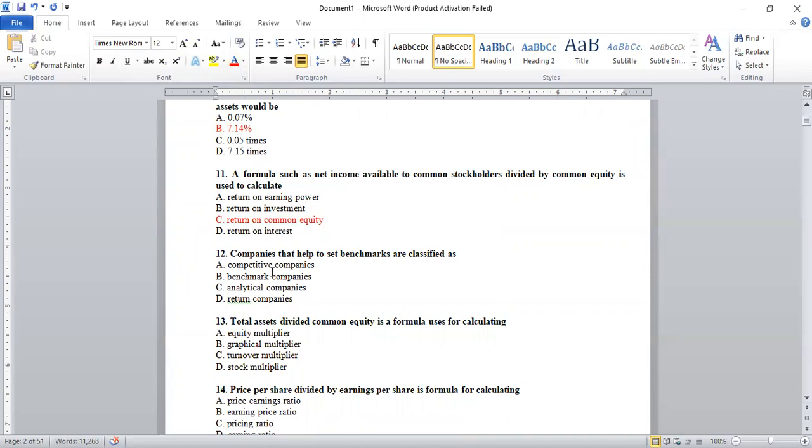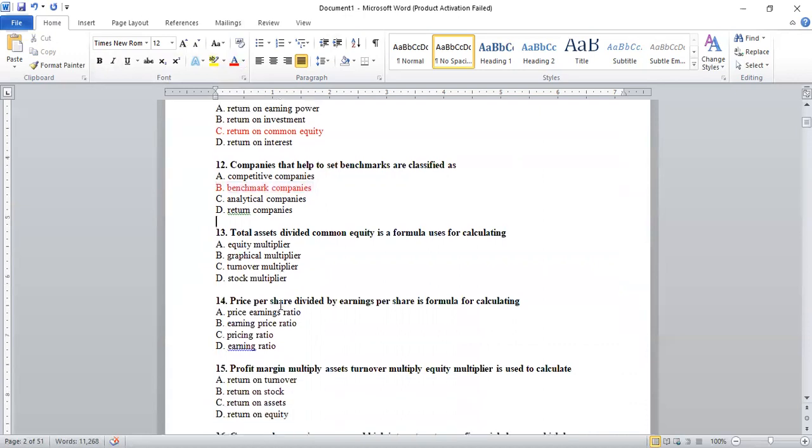Companies that help to set a benchmark are classified as benchmark companies. Total assets divided by common equity is a formula used for calculating the equity multiplier.